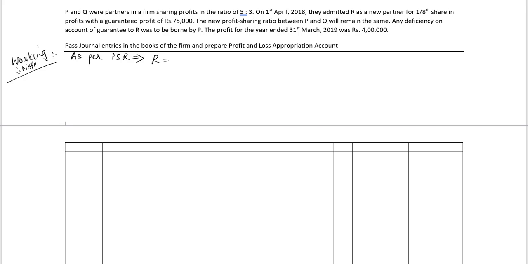So R gets, the total profits is rupees 4 lakh, and R gets 1/8 of this profits, which is equal to rupees 50,000. The balance profits of rupees 3,50,000 will be shared by P and Q in 5:3.